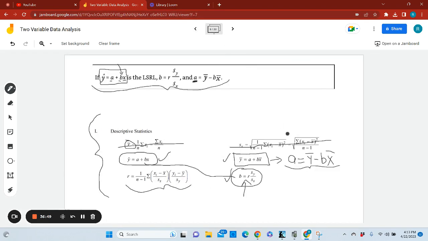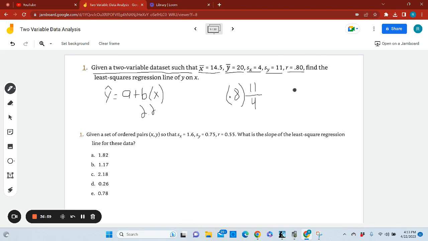So again, I'll come back to my formula. The y-intercept is going to be equal to the y-average minus the slope times the x-average. So here you go. The y-intercept is going to be equal to y-bar, which was 20, minus the slope, which we just calculated, which was 2.2, times the average of the x's in this case, which was 14.5.